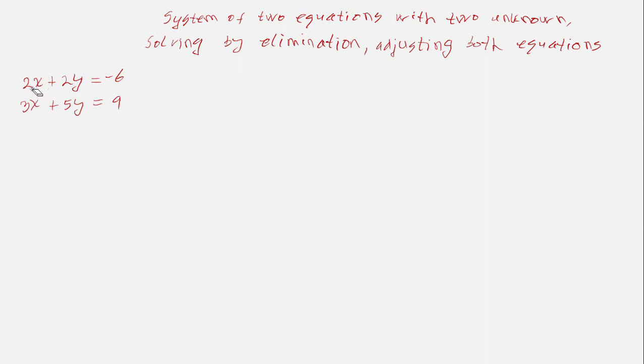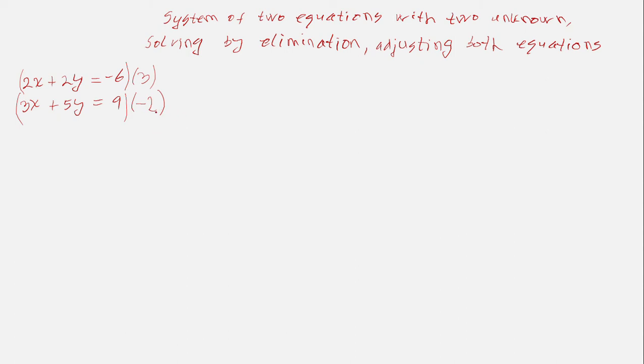Well, to eliminate x, since 2 and 3 have nothing in common but 1, the good way to go would be to just multiply the top by the bottom coefficient and then multiply the bottom by the top coefficient, but make sure it's negative.